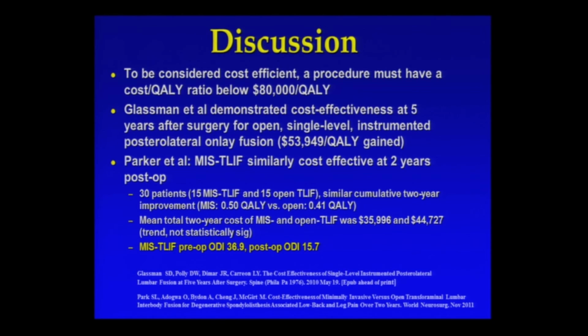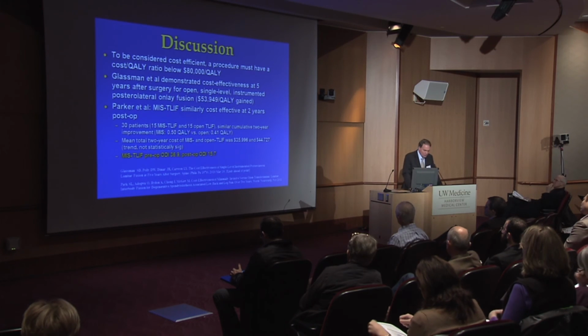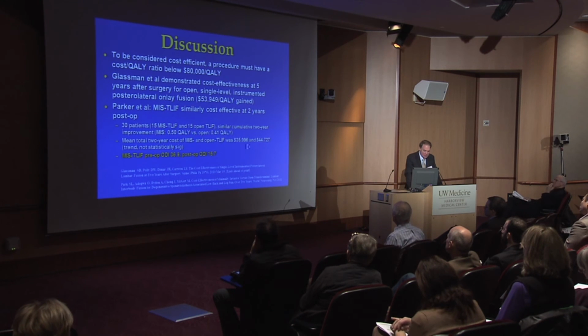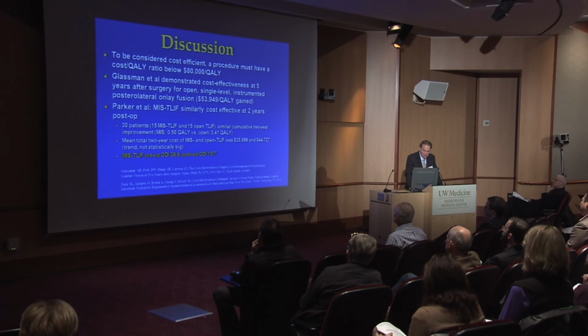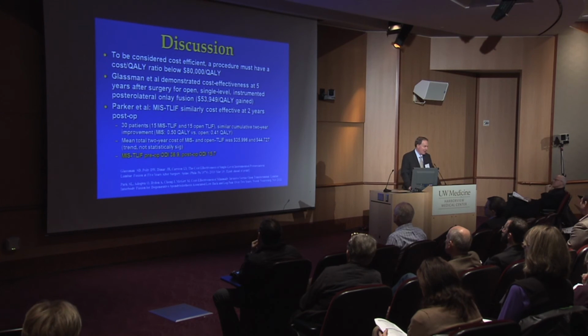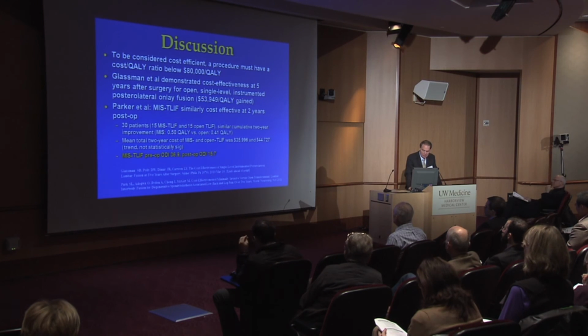If we dig down into that data, relatively small patient cohorts, 15 MIS TLIF and 15 open TLIF patients who had similar 2-year improvements in QALY. The MIS TLIFs had 0.5 QALY improvement, and the open TLIF is 0.41. The costs of the MIS TLIF in the Vanderbilt Center was slightly less. These are the institutional costs versus the open TLIF.